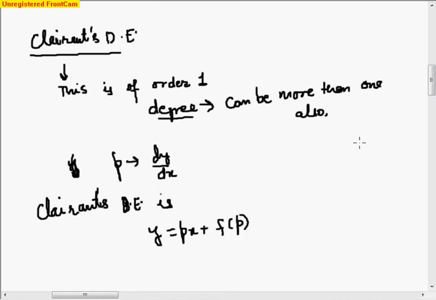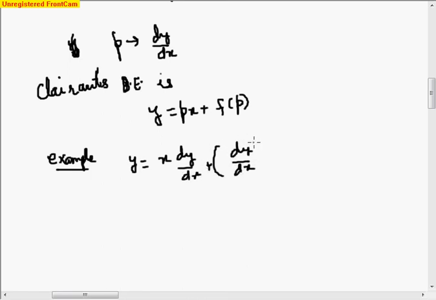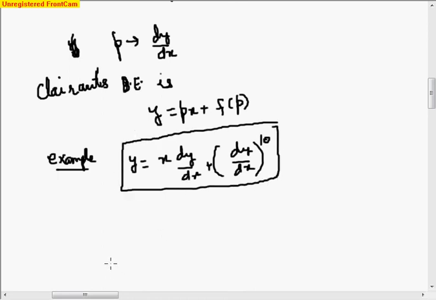For example, if somebody asks me to solve y is equal to x dy by dx plus dy by dx raised to power 10, this is y is equal to px plus p raised to power 10. So this is nothing but Clairaut's form.